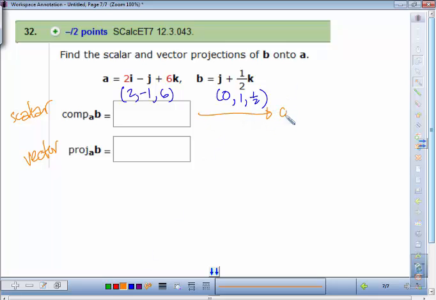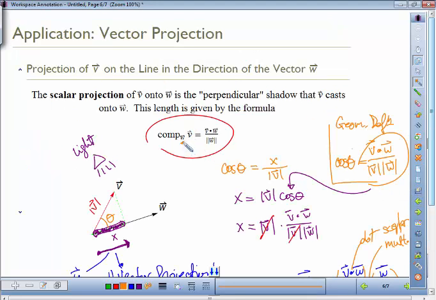The component projection of B onto A is equal to A dot B over the magnitude of A. I think it's A. It's the subscript.